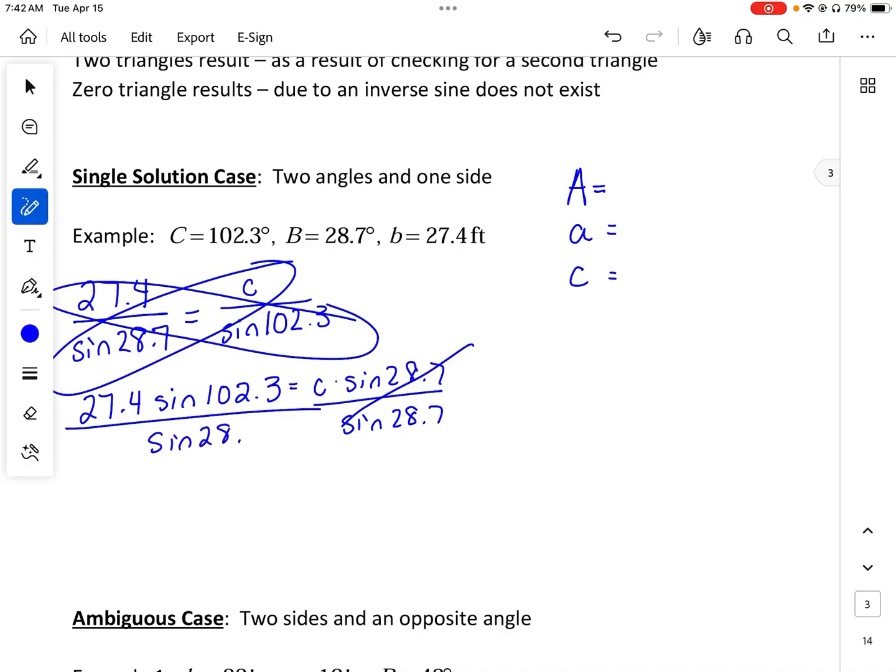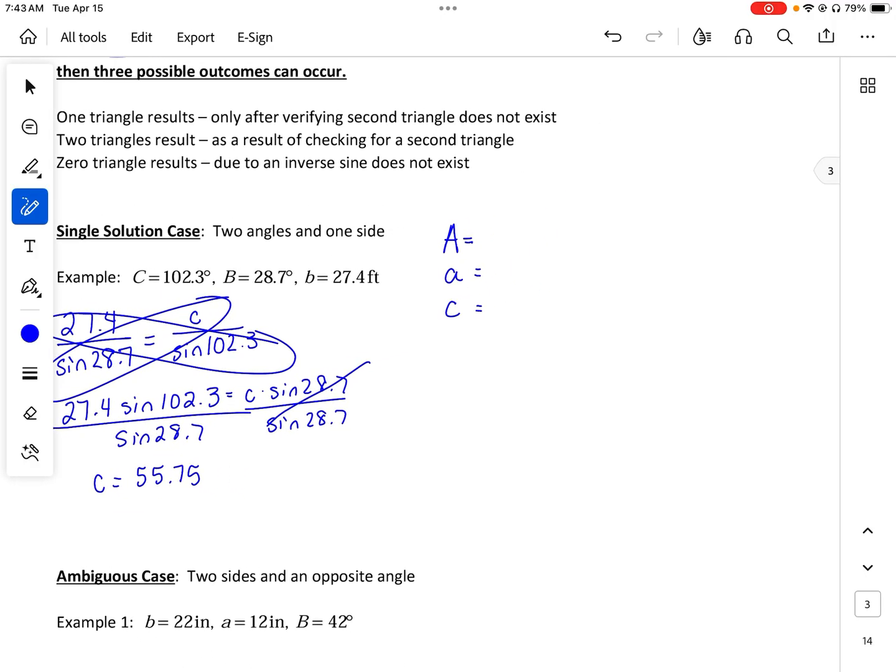Then we have to get C by itself, so we divide by sine 28.7. That is how we find our C value. Do the math, and it comes out to be 55.75, and this is in feet because it's a side.